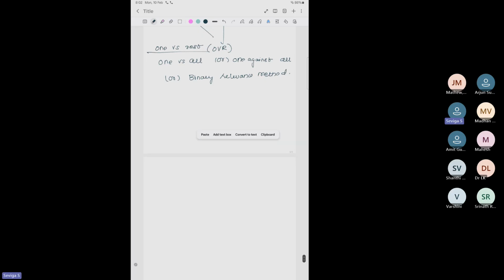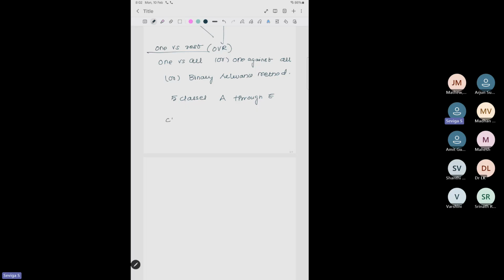Suppose imagine that we have 5 categories of our classes, running from A through E. Instead of building one classifier that will assign one of those 5 labels, we will build 5 binary classifiers.